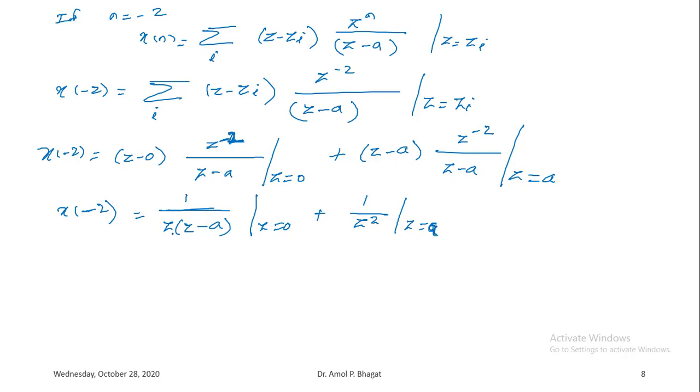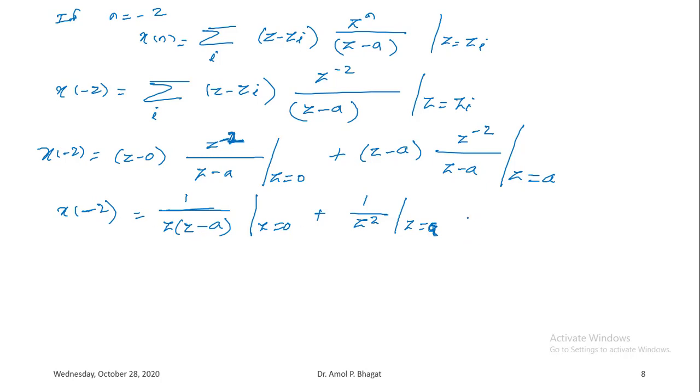So if you get these values here, it will be z square minus az, and this 1 upon z square will be somewhere near infinity if you evaluate it. Because substituting z is equals to 0, it will be 1 upon 0, which is infinity.